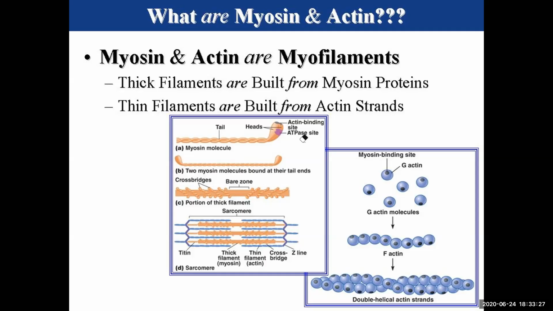This is also why when somebody dies, in the first day, 24 hours, the entire corpse is stiff, and we call that rigor mortis, right? Rigor, R-I-G-O-R, mortis, M-O-R-T-I-S, right?